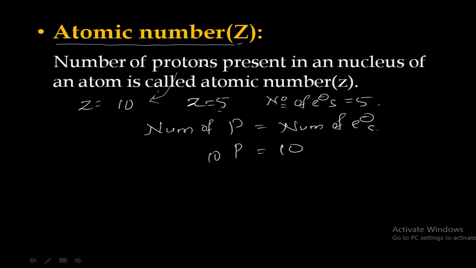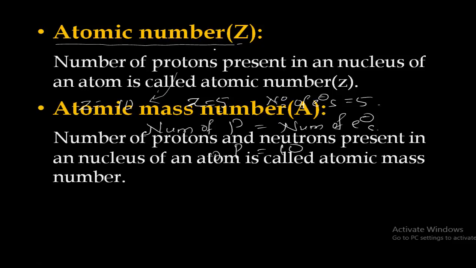So whenever they give the atomic number, by using that we will come to know how many electrons are revolving around the nucleus. So remember the atomic number. Along with this, another term is atomic mass number, which is represented by capital A. It is nothing but the number of protons and neutrons present in a nucleus of an atom, and it is called atomic mass number.